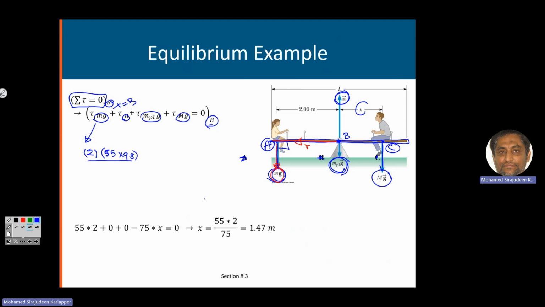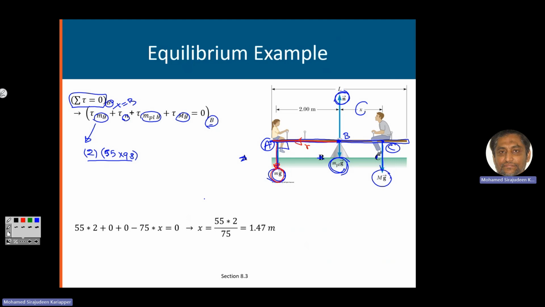So you got the magnitude, but you have to pause here. Do not be in a hurry. This is just the magnitude. Then we have to think about the sign, whether I'm going to put a positive sign or negative sign, because it has direction. It's a vector equation. Clockwise direction is into the board, counterclockwise direction is out of the board. Counterclockwise is positive, clockwise is negative.